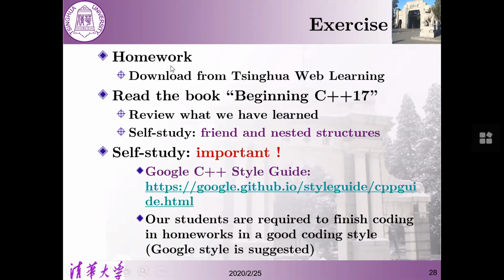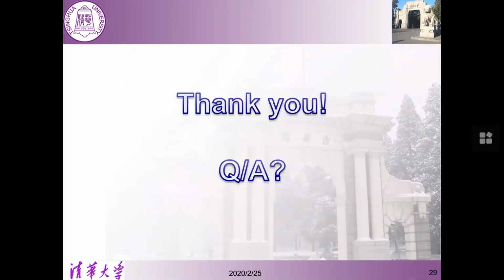And I also suggest you review what we have learned and read this book. Also, we may not have time to learn friend and nested structures in detail. I hope you learn them by yourself, okay?